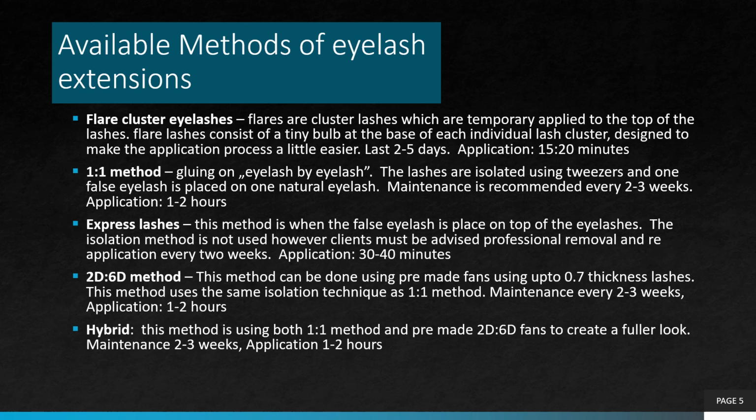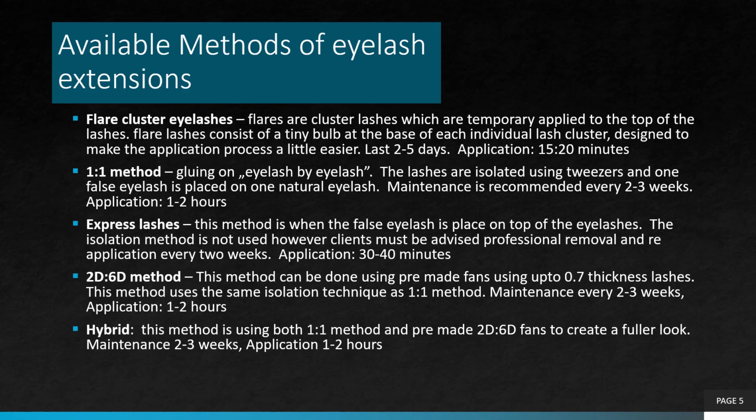On the other hand, express lashes are applied on top of the natural eyelashes without using the isolation method. Due to this, clients must be informed that professional removal and reapplication every 2 weeks is necessary to maintain the look. This method takes around 30 to 40 minutes to apply.